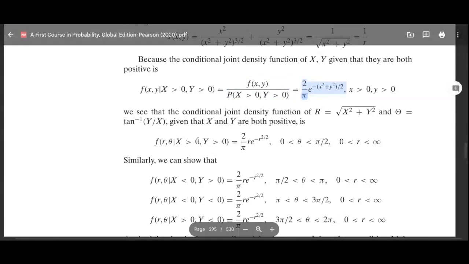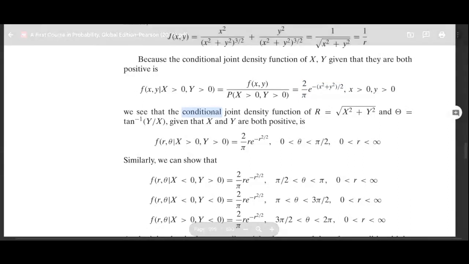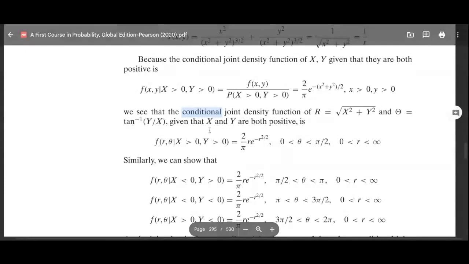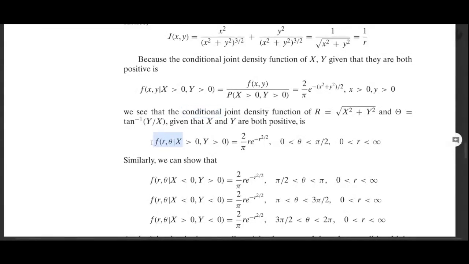So we see that the conditional joint density function of r and theta given x and y in the first quadrant is 2 over pi, r e to the negative r squared over 2, right? R is defined this way, the square root of x squared plus y squared.